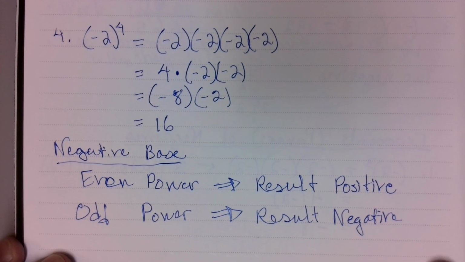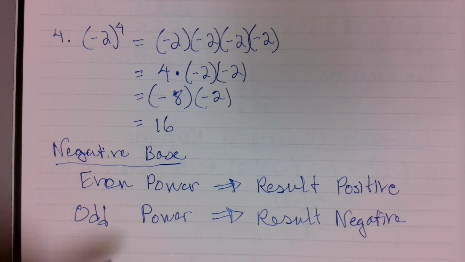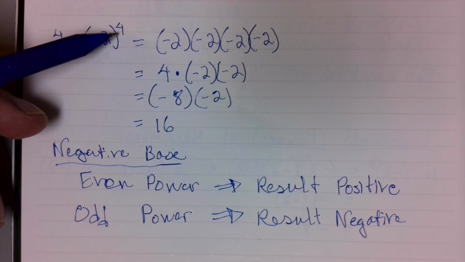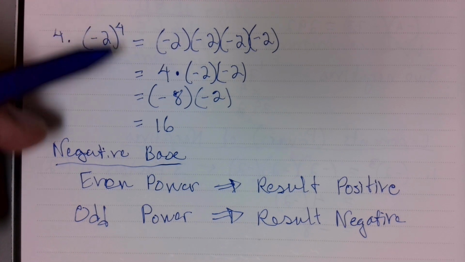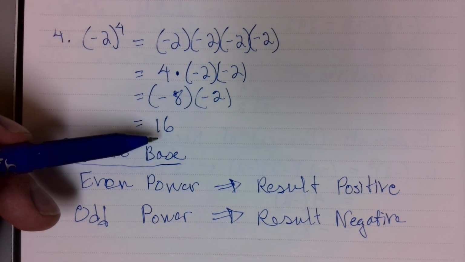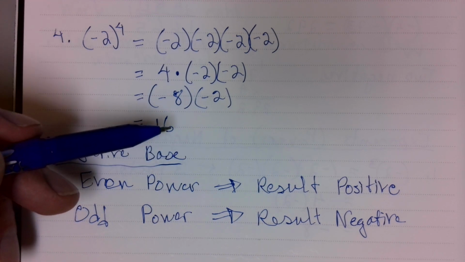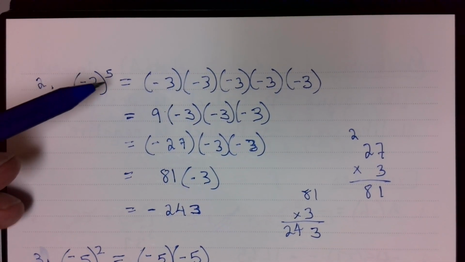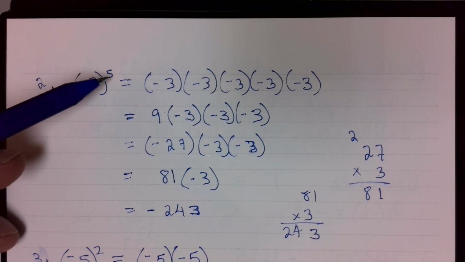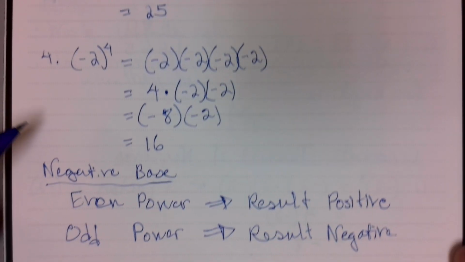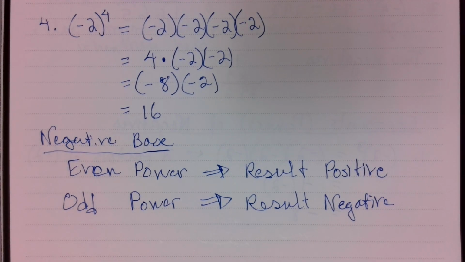Okay? So when you have a negative base, if you have an even power of that negative base, like we do right here, 4 is an even number. My result is going to be a positive number. So I really just had to compute 2 to the 4th in all this. Whereas over here, I had a negative number to an odd power. And look here, my result is negative. So that's just what we're summarizing down here.